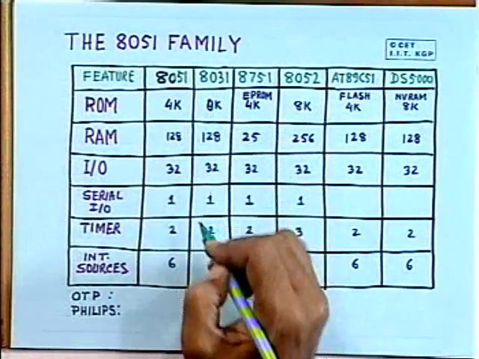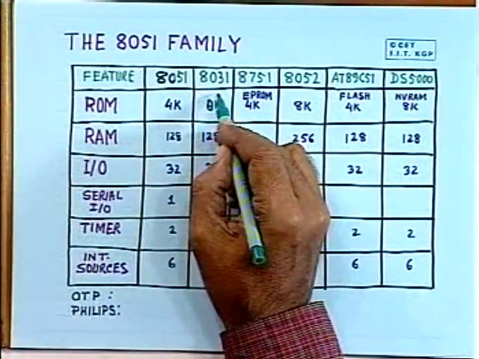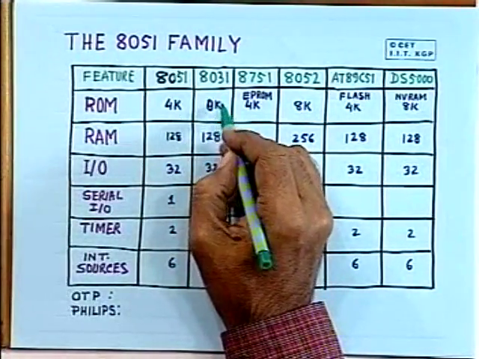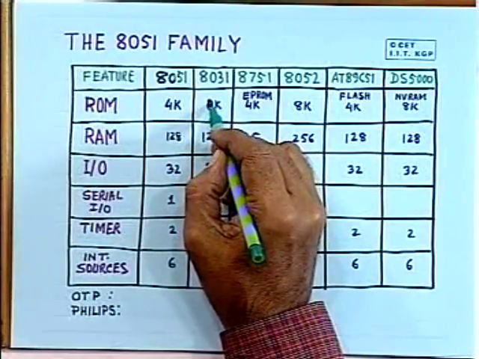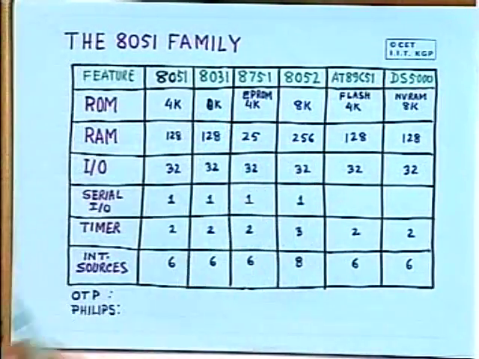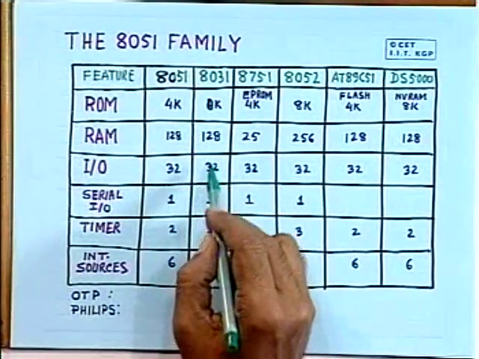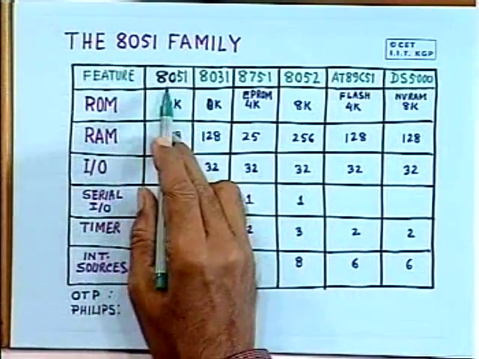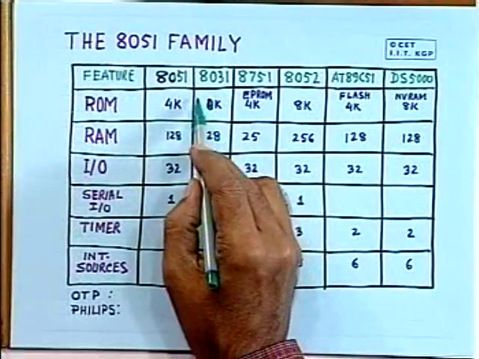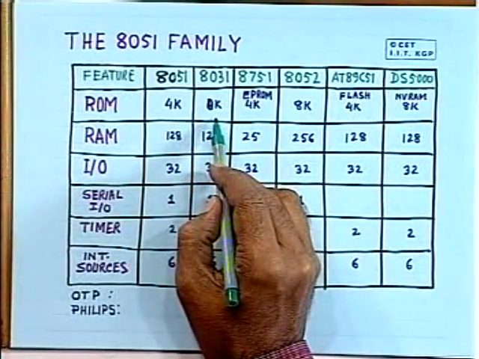8031 is ROM-less. ROM-less means ROM is external to the chip, and so internally there are 0 kilobytes of ROM. RAM is the same, 128 bytes. It is exactly the same as 8051, except that ROM is external to the chip.